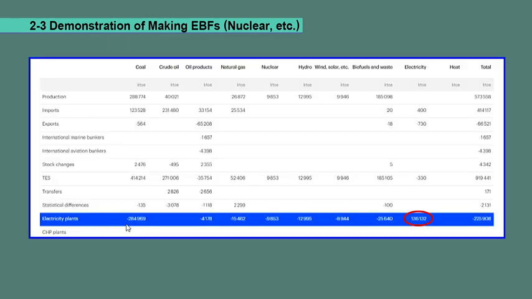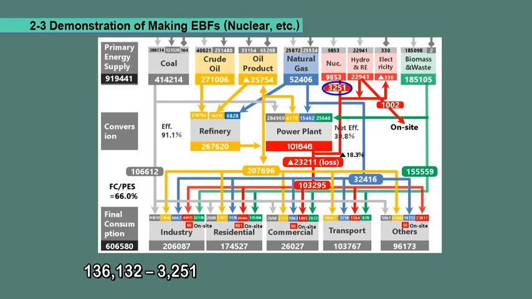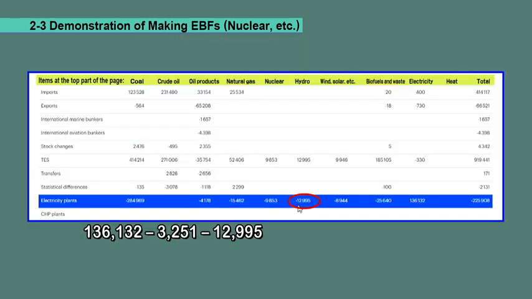To check the calculation, look at the output of electricity plants on the IEA table, which is 136,132. Subtract electricity of nuclear, 3,251, which is 33% of the 9,853. Also, subtract hydro, 12,995.